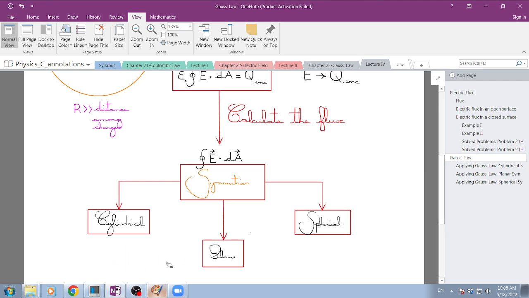Also, if it's too big, that's why you have computational electromagnetism, so you use a computer. But for the problems that we are going to solve in the textbook, this is more than enough. If it's too big, too complicated, just divide it.